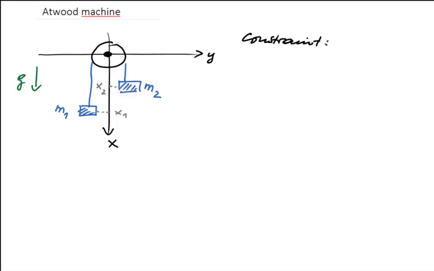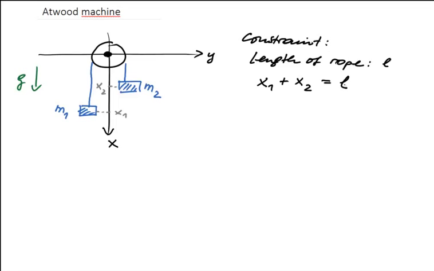So if we call the length of the rope L, and we neglect the little contribution that comes at the top from the rope going around the wheel, then we have the constraint that x1 plus x2 must always be equal to the length of the rope.